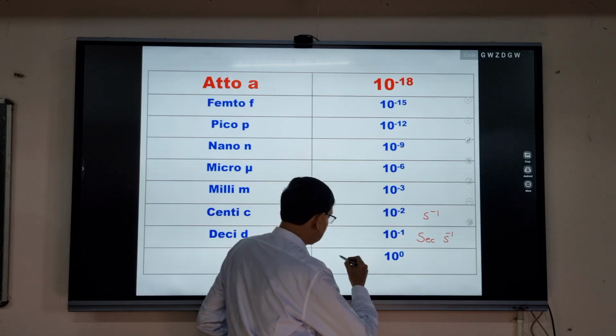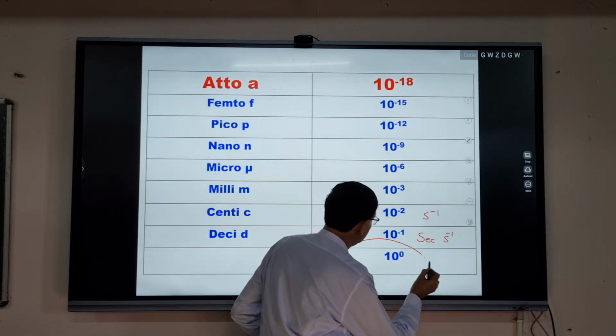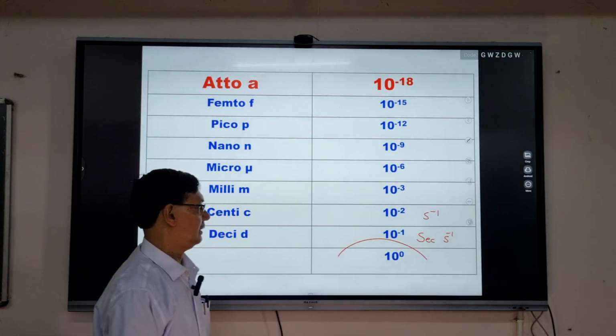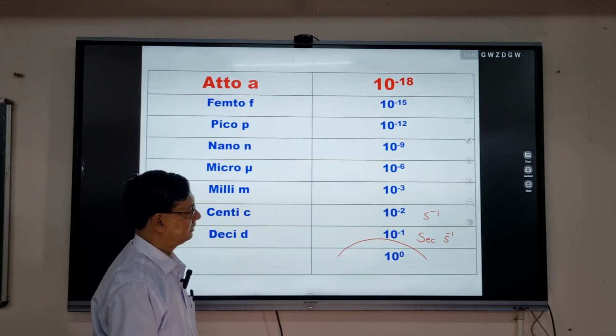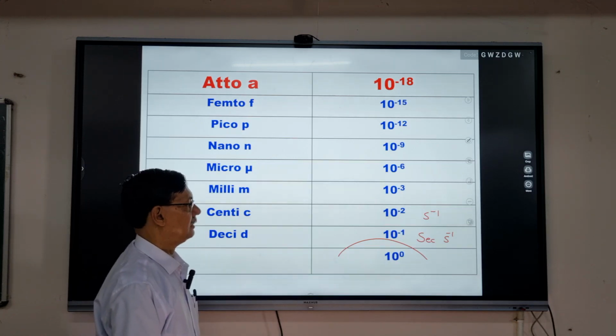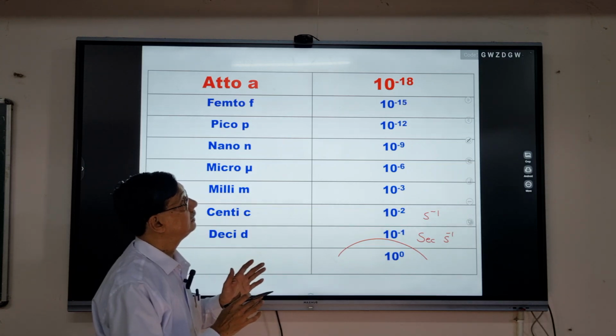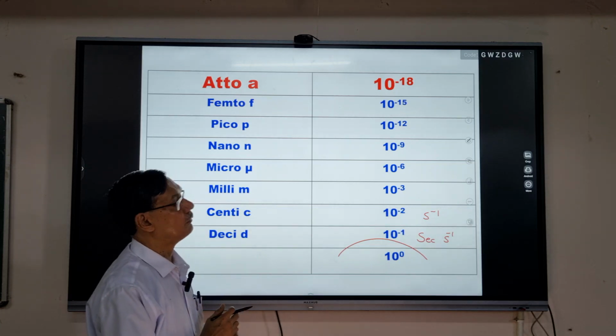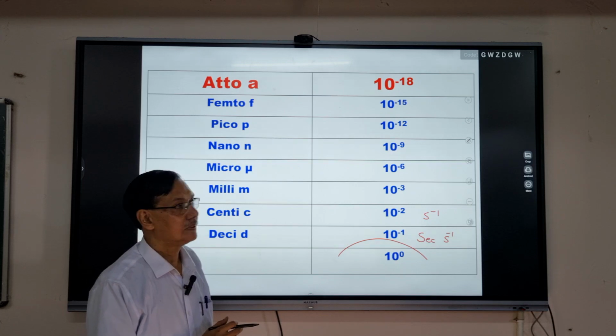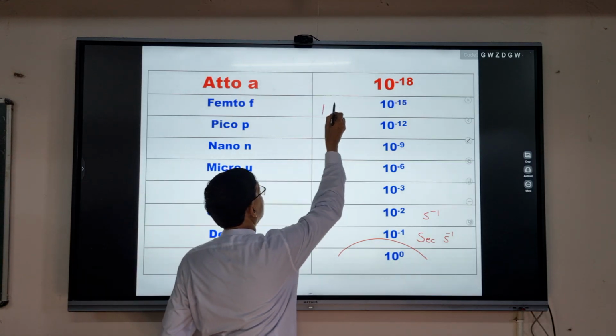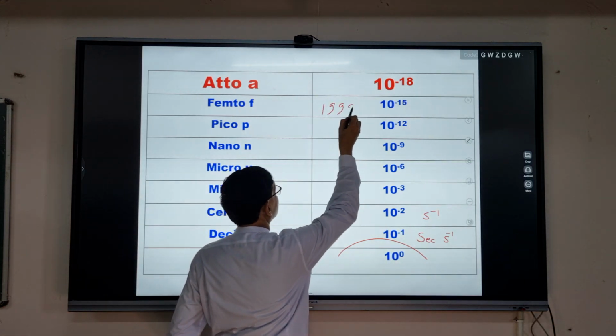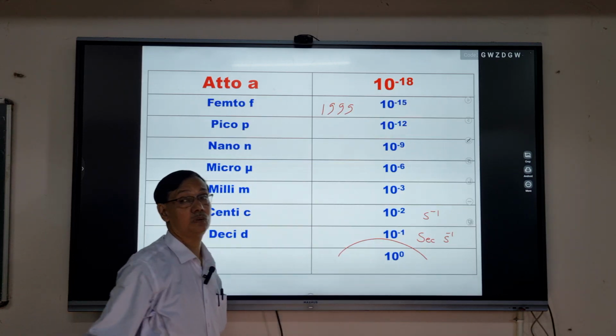Fast reaction is actually less than 1 second, 10 seconds or so. Now it is also possible, because there are two important Nobel laureates I will discuss. I think Nobel 1999, that is called femtosecond spectroscopy.